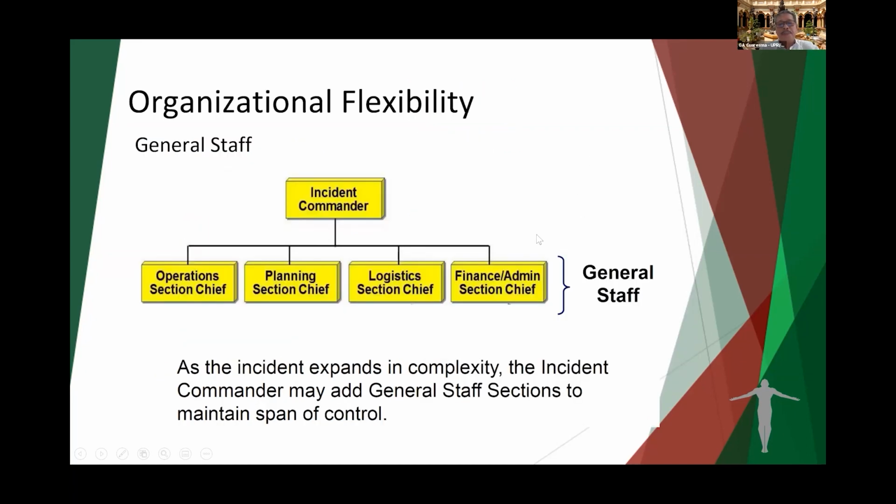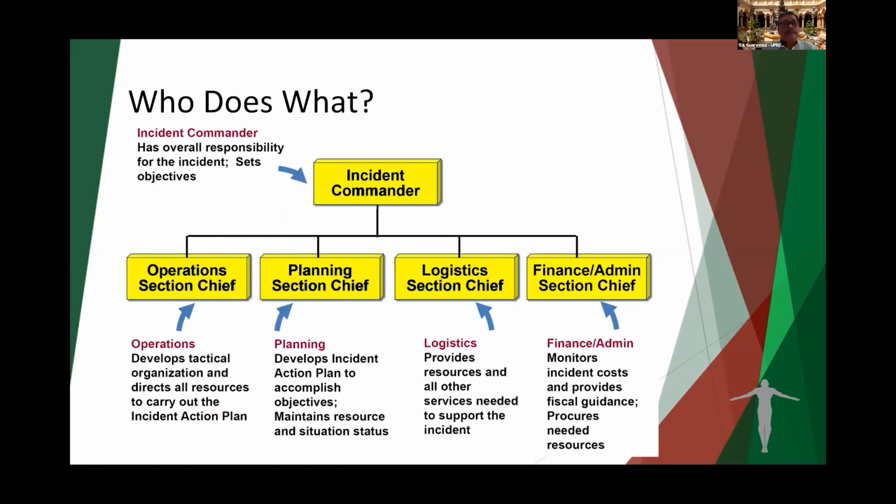Now, as the incident expands in complexity, the incident commander may add the general staff sections to maintain span of control. So, as mentioned earlier, the general staff is composed of the operations section chief, the planning section chief, the logistics section chief, and the finance and admin section chief. Now, who does what?